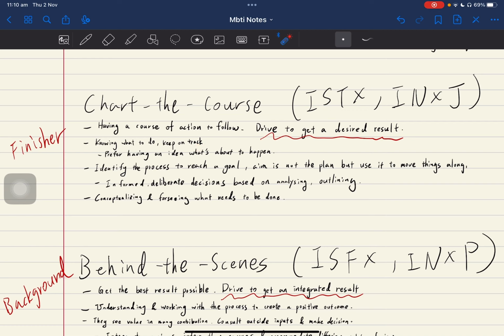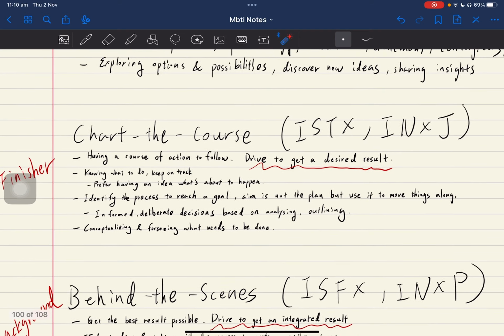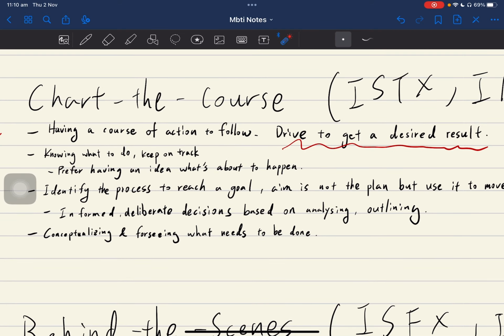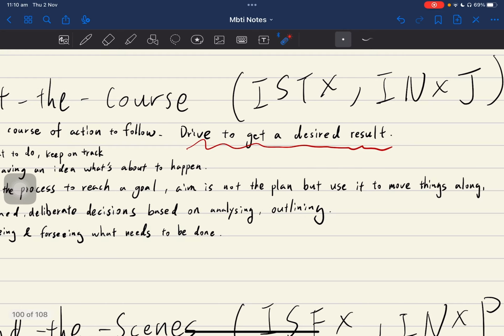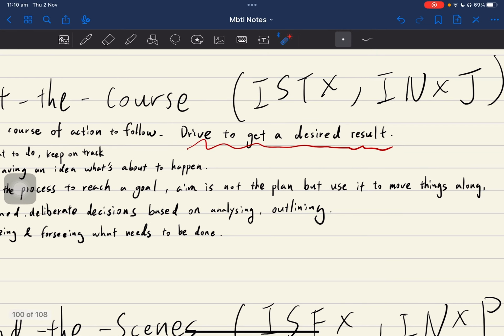They prefer having an idea, as I said before, of what's about to happen before it happens. Sorry about the small text, by the way. And they identify the process to reach a goal. They think about how to reach a goal and identify a plan, but the plan is not the goal.